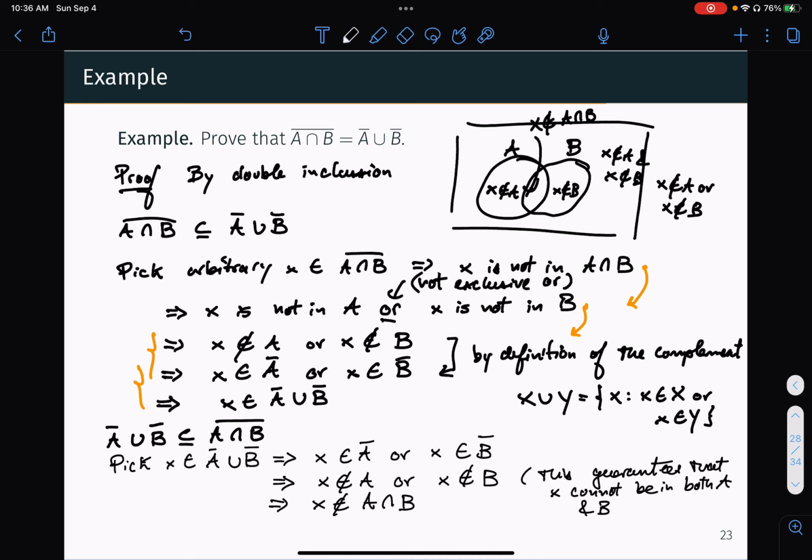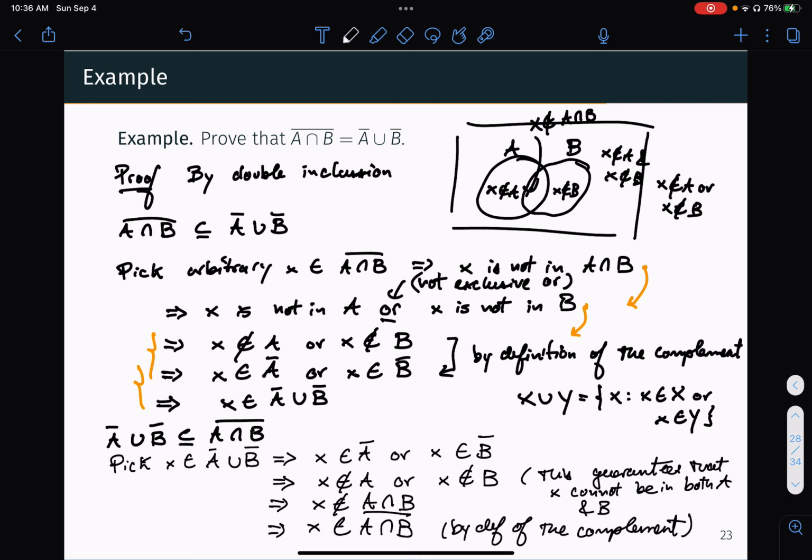I can't be in the intersection here. Remember, this is like an or, so either of the things can be true for the clause to be true. Then it certainly means that I can't be in here. If I'm not in here or in here, it means that I can't be in here. So this implies that X cannot be in the intersection. So this implies that by definition of the complement, X is in the complement of the intersection. So this is by definition of the complement.